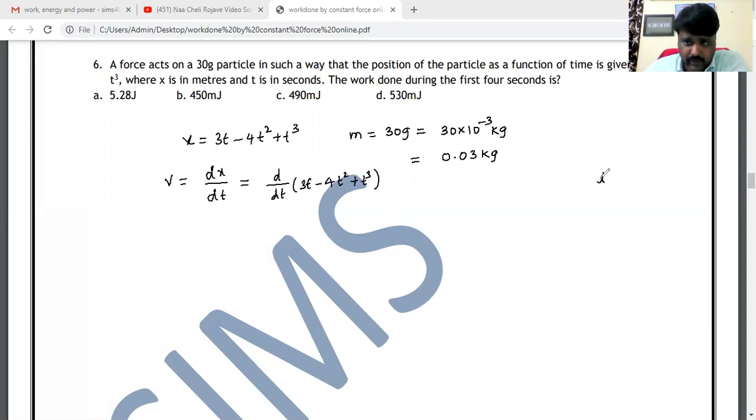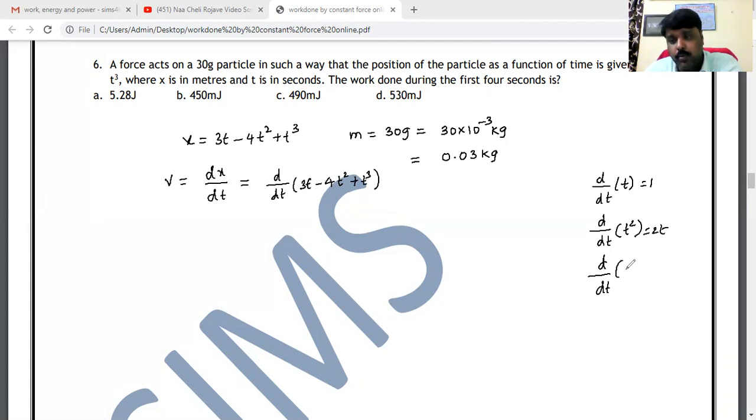As we know, according to differentiation, d by dt of t equals 1, d by dt of t square equals 2t, and d by dt of t cube equals 3t square.